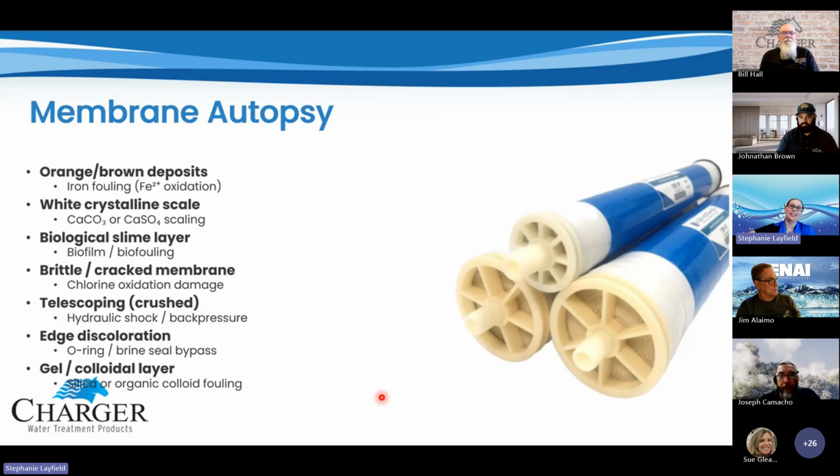You're probably also going to get TDS creep with that, but you'll notice that there's more of a ring on that side. And then gel colloidals, very similar to the iron. It's where you need to up your filtration, get that SDI down, or increase your drain flow so that you're not gunking up that membrane as quickly. But barring anything else, post-mortem.